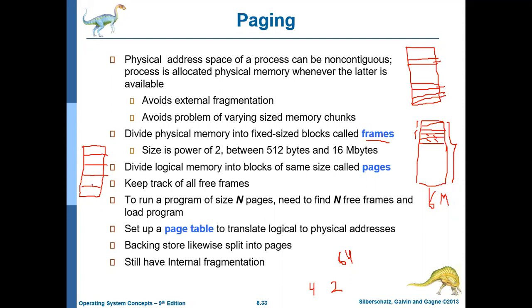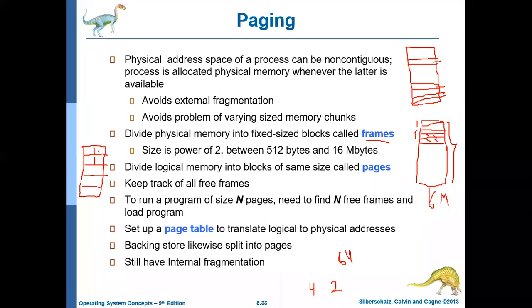Now, let me tell you that these are the pages, these are the frames. This is logical memory, what the system is generating. This is the actual memory, what you are having. This is known as page, this is known as frames. Page size is similar to your frame size.